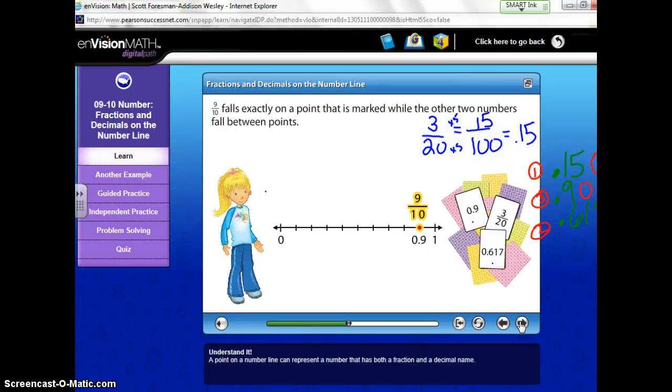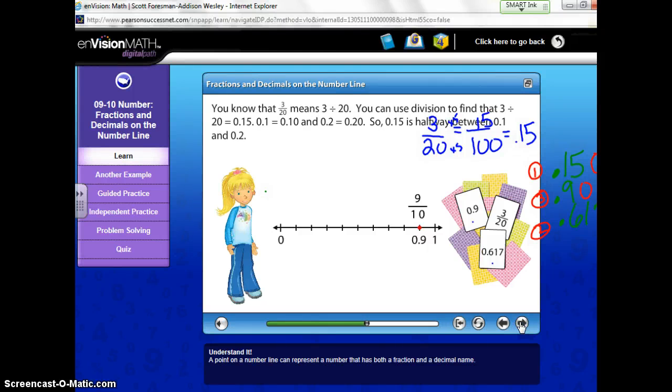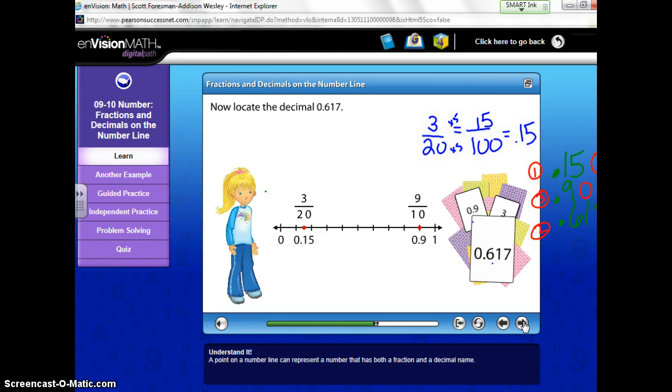So between 10 and 20. Probably right in between here, right? Once we change that, we can move it all the way down and stick it on the number line. There it is.